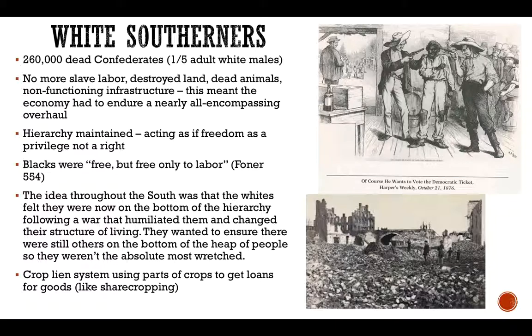So many times, the less economically advantaged Southern whites would make sure to ramp up racist rhetoric and attempt to prevent freed black people from participating in public life.